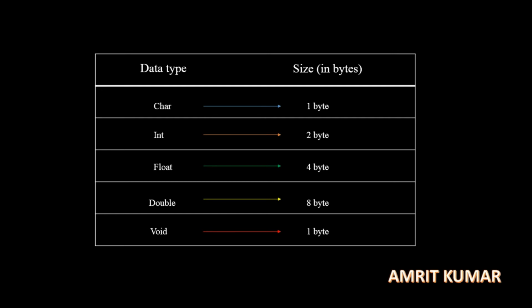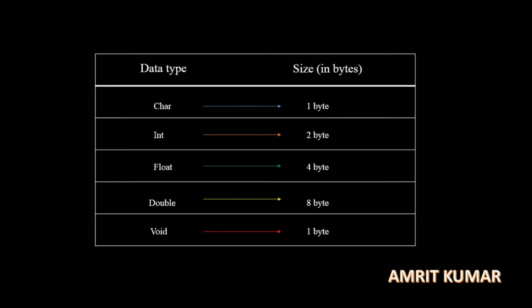Here we can see that the double data type has a larger size, therefore it allocates larger space in the RAM. Char and void store 1 byte, so they allocate an area of 1 byte, which is the minimum compared to double. So all the process is classified on the basis of type and size.